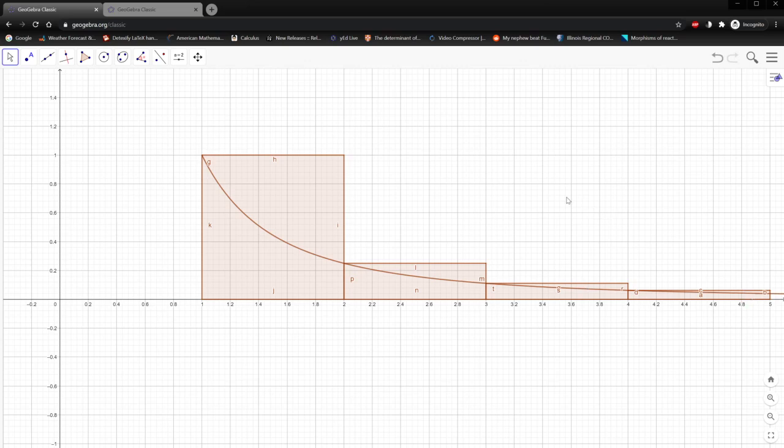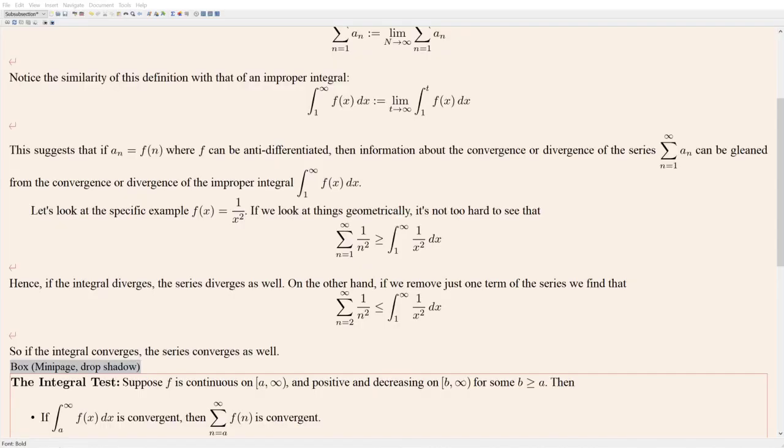So that means that the value of the infinite series, which is what we would get if we were to add up all of these rectangles all the way off to infinity, is going to be greater than the area under the curve, because we have all of this excess. So that tells us that the infinite series is going to be larger than the improper integral, because the improper integral gives us the area under the curve. So indeed, that's what I've written here.